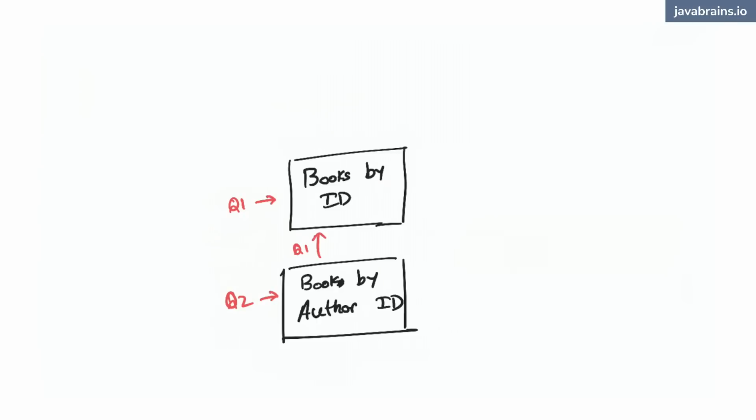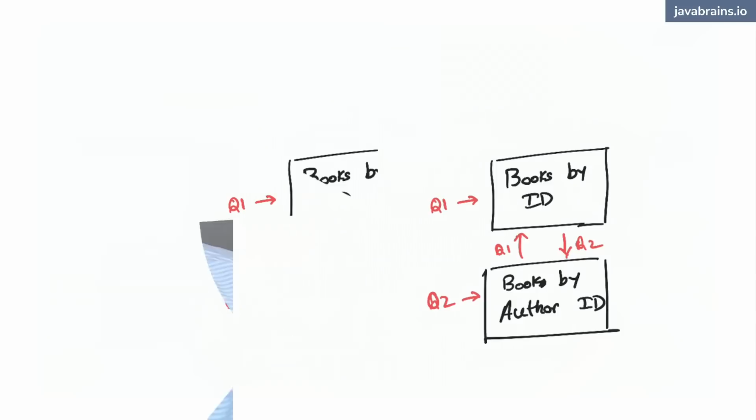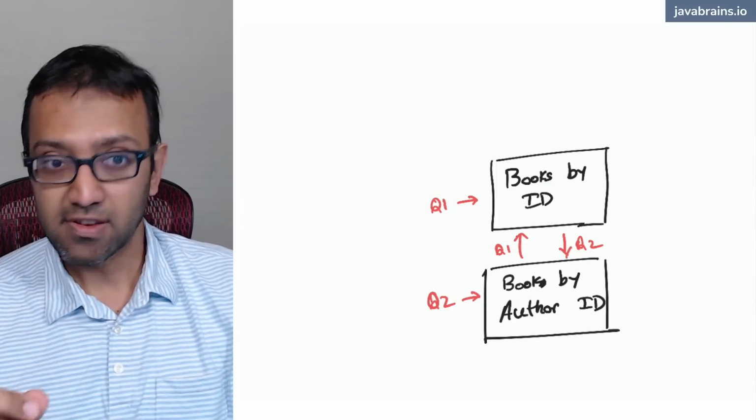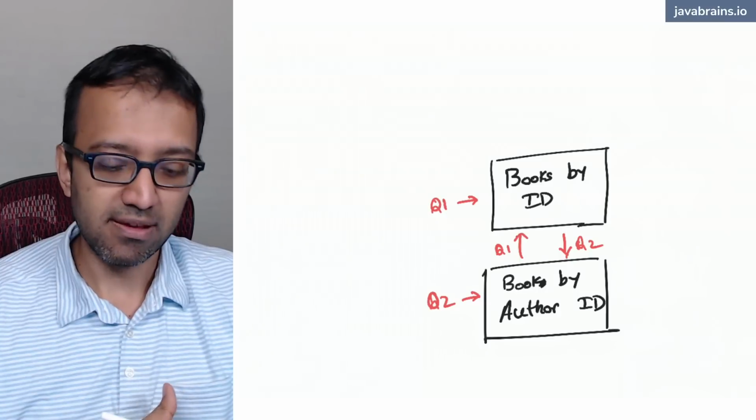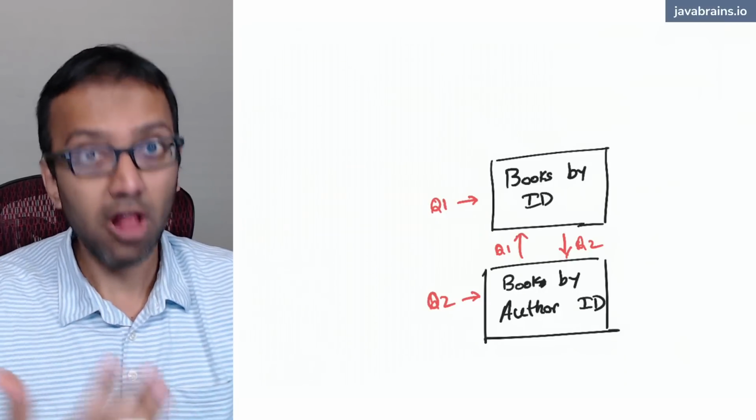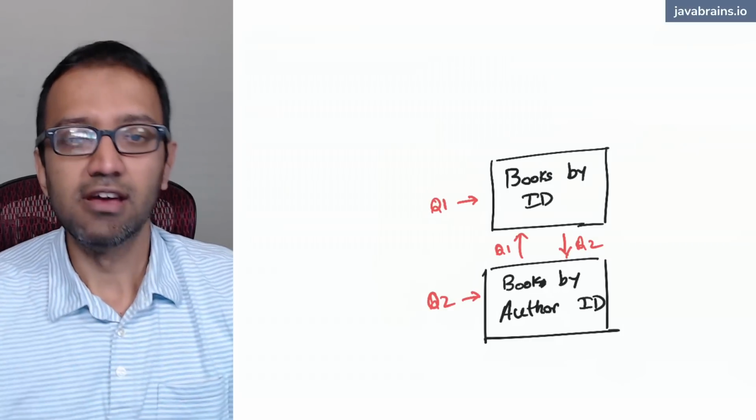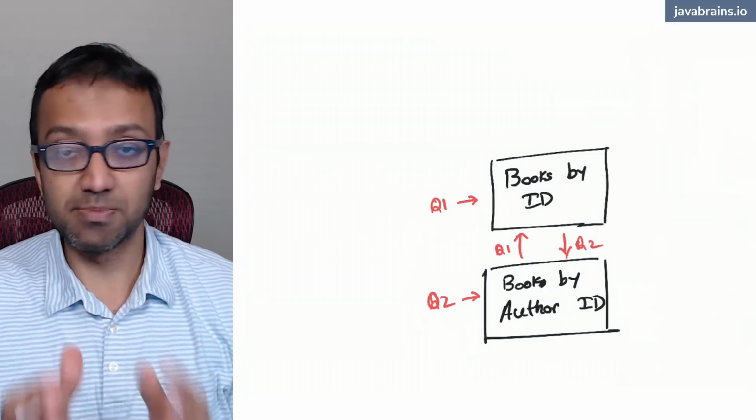People can go to the author page and then go to a book from there. And of course, people can go to a book and then click on the author name, and that's Q2 as well. So if you design a schema to get books for a given ID, and you design a schema where you can get all books by a certain author, now you have built a system which makes this very efficient.